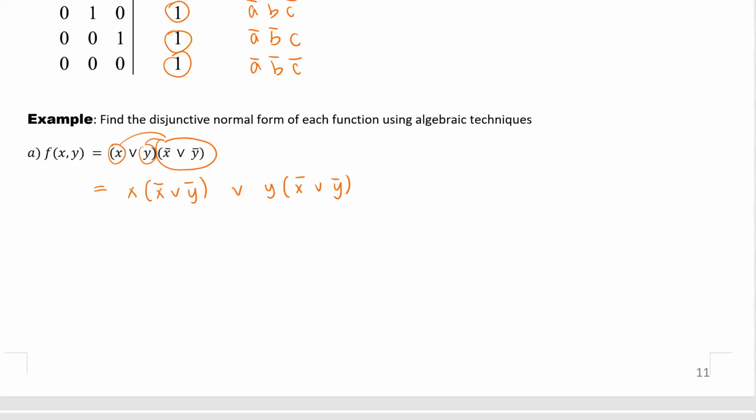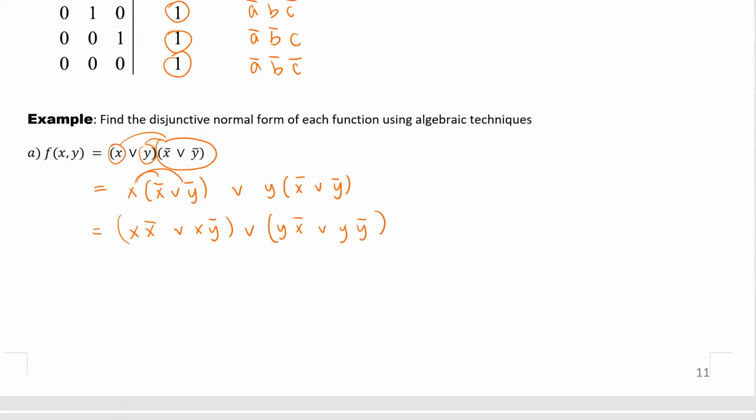Okay, so this is the first step, and then we continue to distribute it. So we have x and x bar, or x and y bar, and then or y and x bar, or y and y bar.